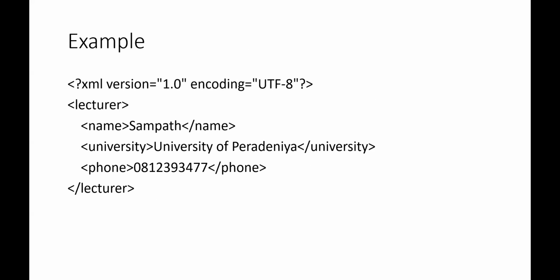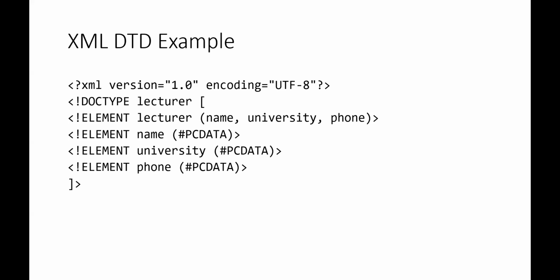Now, let's look back at our previous example. So this is the XML document. We have the root node lecturer. Within that, we have three other elements: name, university, and phone. So when you want to use DTD here, you can notice we describe what could be included.